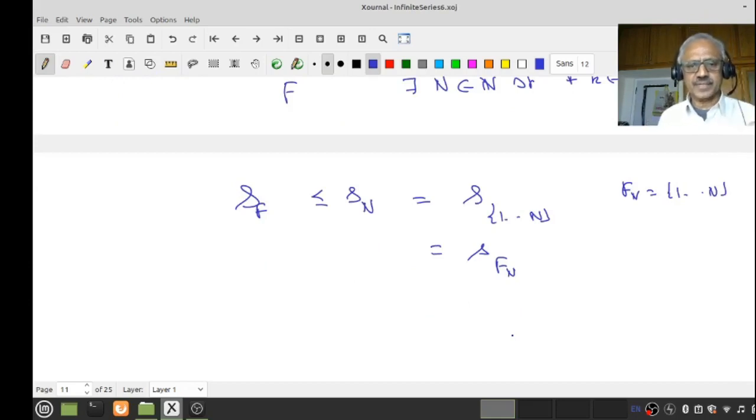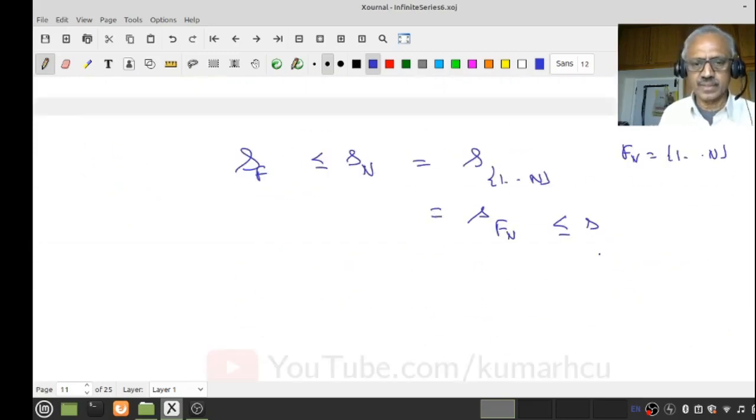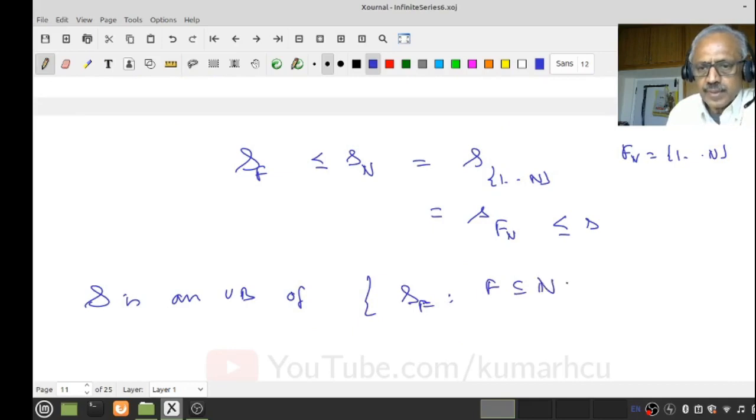Because these are all non-negative terms, this holds. Do you follow that? But this S_N is less than or equal to S, because S is the LUB of the partial sums. Therefore, what have I got? S is an upper bound of S_F, where F is a finite set.